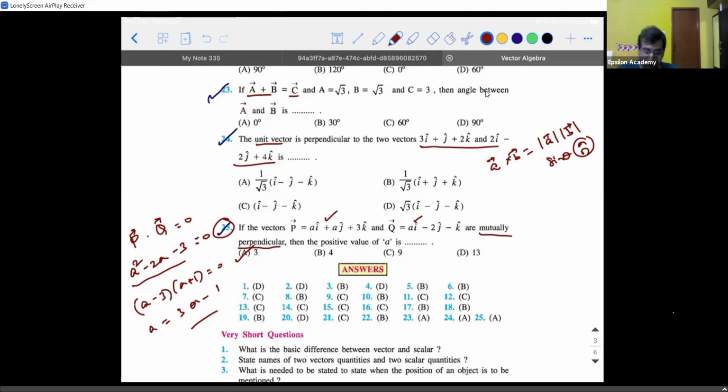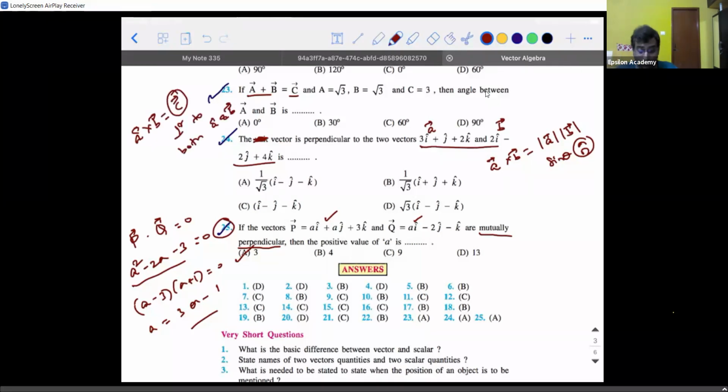So what you are supposed to do, if they ask a question like this, find the vector which is perpendicular to both the vectors, is just do the cross product. If I call this A vector and this B vector, and I do the cross product between them and get C vector, the C vector is perpendicular to both A vector and B vector.